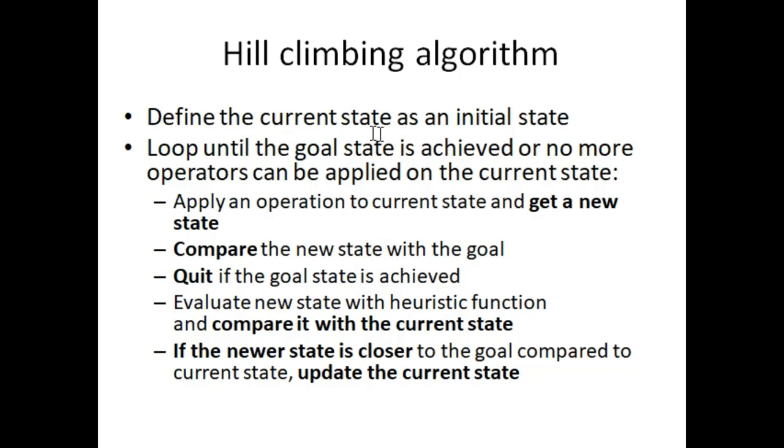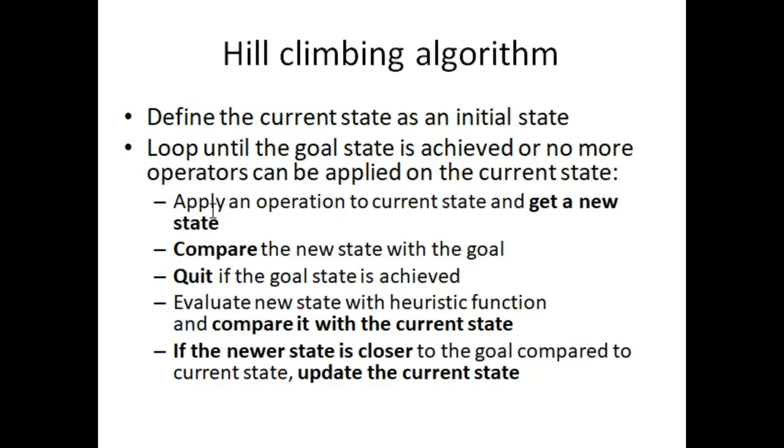They define the current state as the initial state. Loop until the goal state is achieved, or no more operators can be applied on the current state. So there are two conditions to terminate our algorithm: the first is if we achieve our goal state, and the second is if we are not able to apply our operator on the current state.